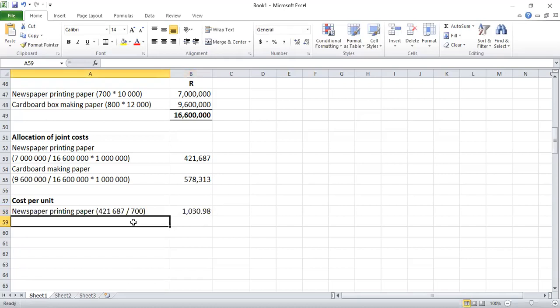Right. Then cardboard box making paper. Hi, Eugene. Yes. Because the question had said we need to calculate closing inventory, were we only supposed to end there, and right now you're just showing us how to do the rest of the calculations? The question was we need to calculate the closing inventory.